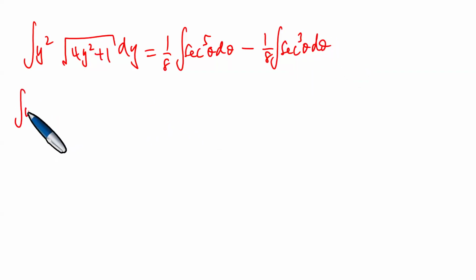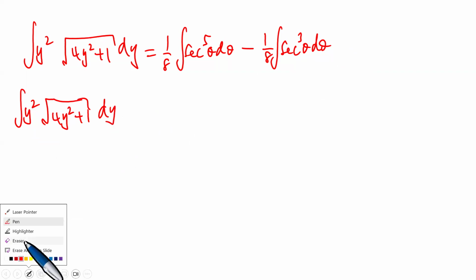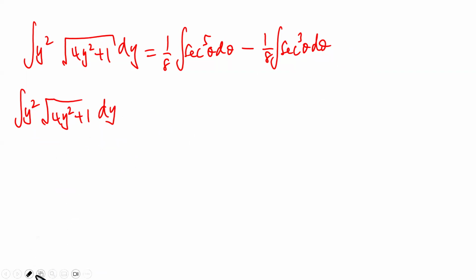So this one here becomes exactly 4y squared plus 1 and then dy. Let us pay particular attention to this, but also see how best we can do this. So it's 1/8. What is the integral of the secant to the fifth power?